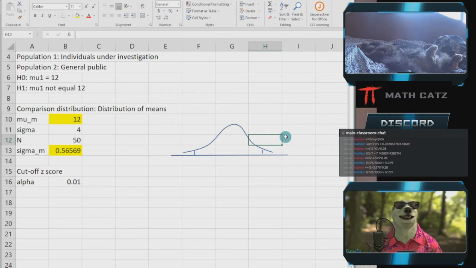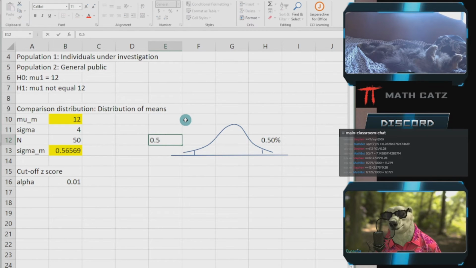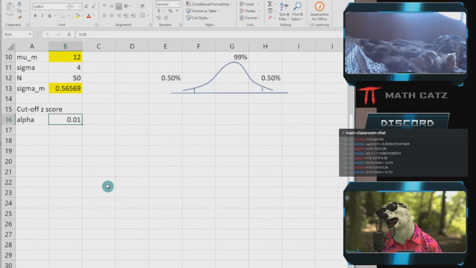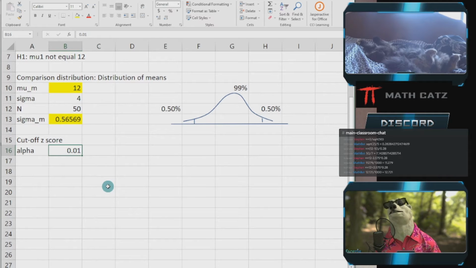So you can see this as 1% and then 0.5%. And over here, 0.5%. And then, of course, in the middle will be my 99%. Or you can do it as the decimal version. Because I'm going to use the cell in the calculation, I have it as a decimal, the decimal version of 1%. So keep that in mind. Don't get confused between the two.